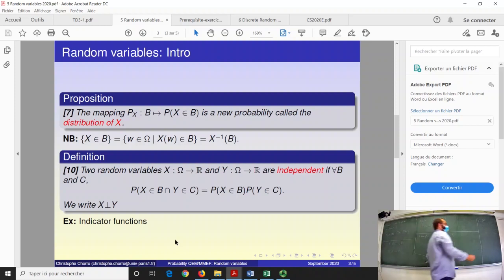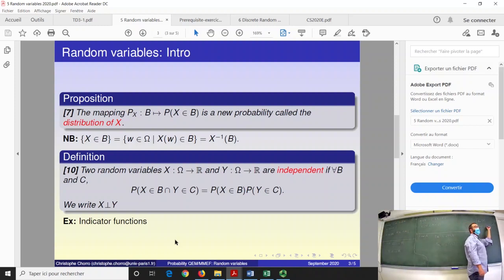So keep in mind that I come back to the definition. This is the set of the w belonging to omega such that the indicator function of A1 of w belongs to B. Okay? It's the definition of the preimage. In this very particular situation, I have just a finite number of possibilities to be a preimage. Why?